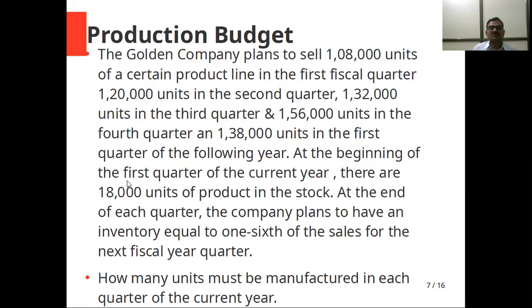At the beginning of the first quarter of the current year, there are 18,000 units of product in the stock. At the end of each quarter, the company plans to have an inventory equal to 1/6 of the sales for the next fiscal year quarter. This is very important.